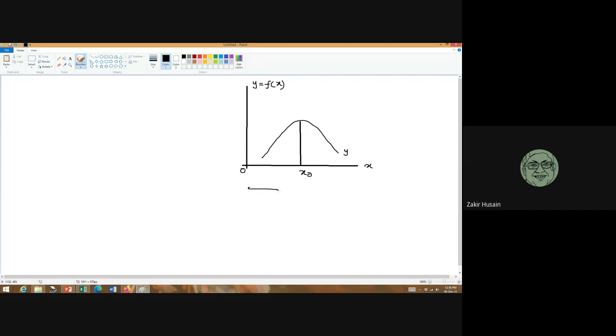Now focus on the left-hand side. But this comes later.